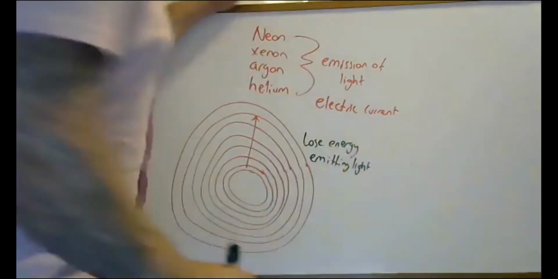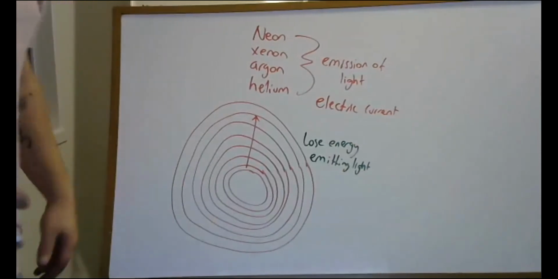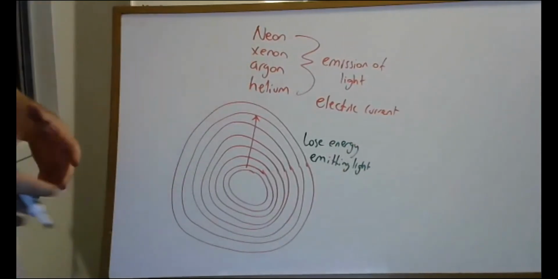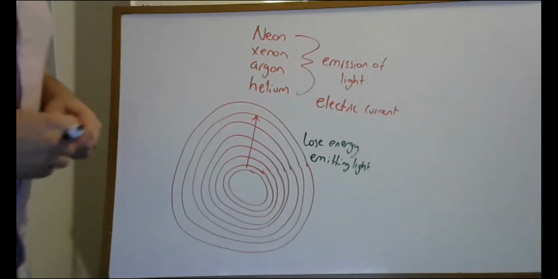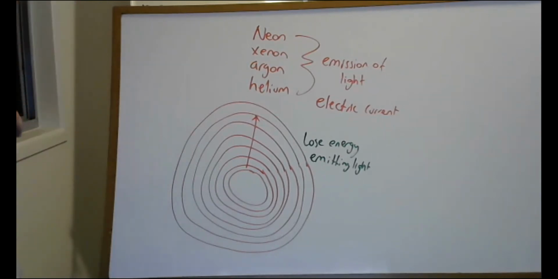Now, lots of different elements will burn different colors. Same thing here. Different elements will glow different colors if you put electricity through. And this is called the excitation fallback theory.